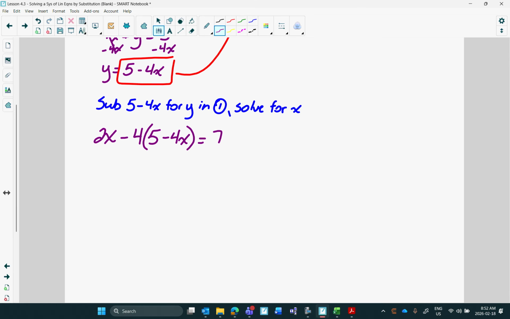Sorry, for x. Try and figure out what x is by using your knowledge of equation solving. Looks like some people don't have their lessons here or their exercises.